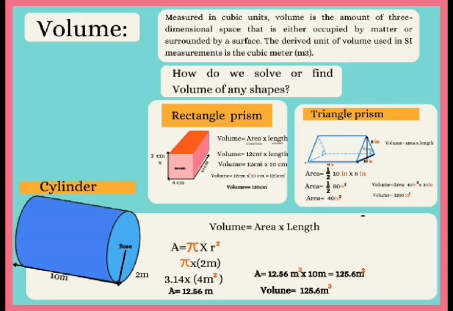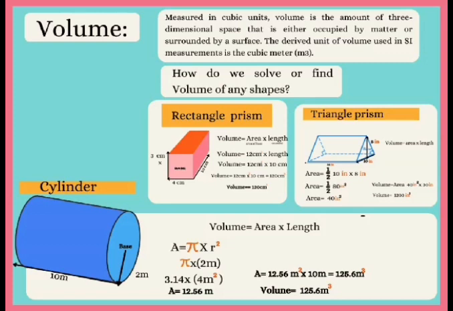So let's proceed to the cylinder. Where to find the area of the cylinder? It is pi times radius squared. So the radius of this circle, or the base of the cylinder, is 2 meters. And if we square it, it becomes 4 meters squared.